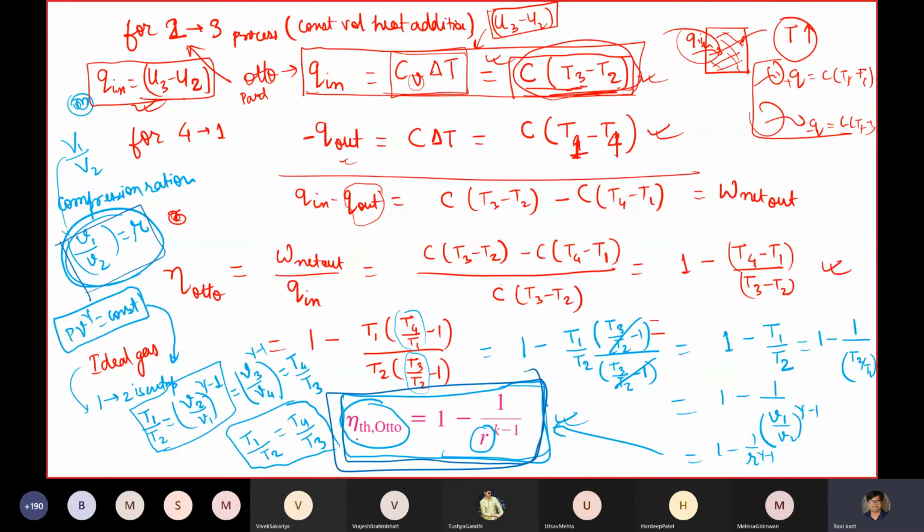This formula tells that the efficiency of the Otto cycle is nothing but 1 minus 1 upon r to the power k minus 1, where r is your compression ratio and k is the specific heat ratio of air, that is gamma or k. So gamma is Cp by Cv. That's it. इस फॉर्मूला से हम लोग efficiency निकाल सकते हैं.